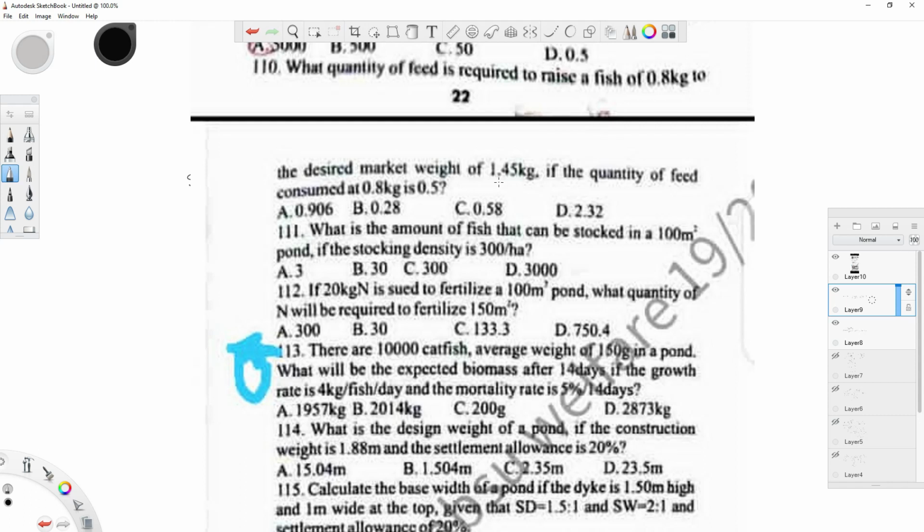Okay, now there's a question that I'm seeing here. What is the amount of fish that can be stocked in a 100 meter square pond if the stocking density is 300 per hectare?